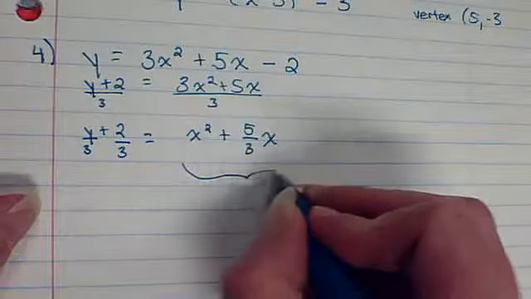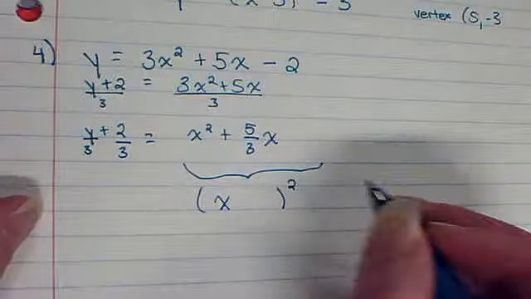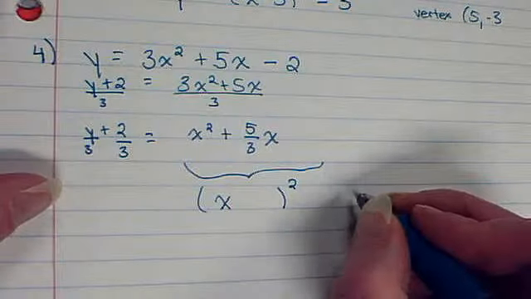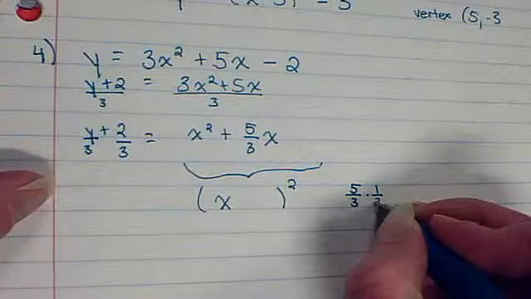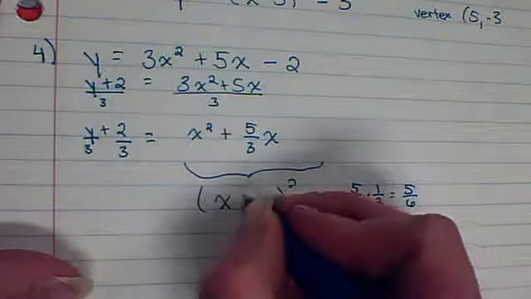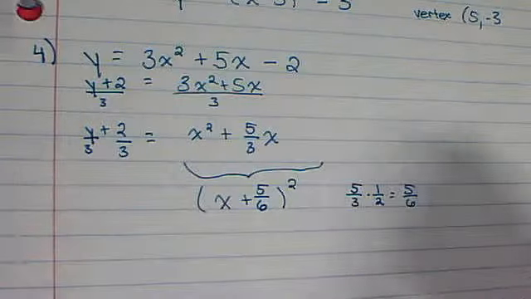I want this to be something squared. I know this is going to be an x. And I know this is going to be half of 5/3. But if I take half of 5/3, that's really 5/3 times 1/2. So that's 5/6, right? Half of 5/3 is 5/6.